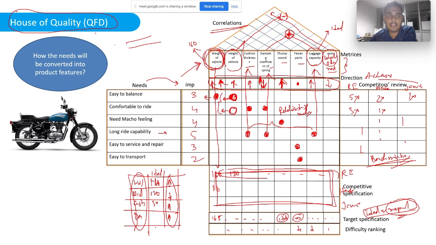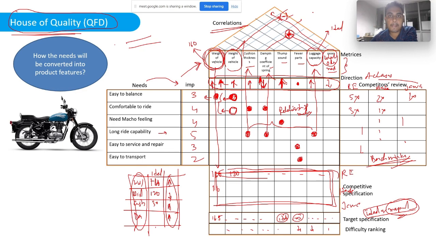So those decisions you make by doing these correlations between these features. That's why this quality function deployment, or this graphical representation, which is called house of quality, is very important in analyzing in detail all the findings that you have identified initially in step 1, step 2, and step 3. Did you get it? Yes, it's a very beautiful representation of all the needs and the quality function relations in a single diagram. Yes.